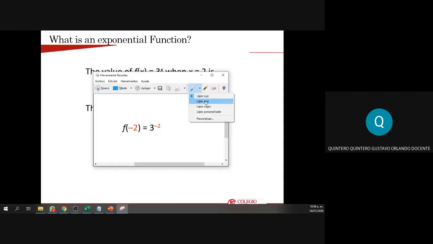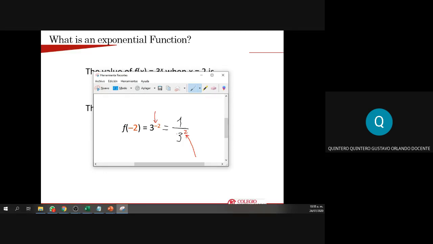So this will be equal to 1 over 3 to the 2, with the opposite sign. Here was the negative sign, here is the positive. Right? You can do that.